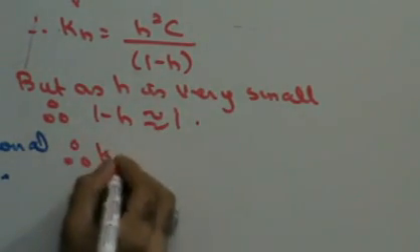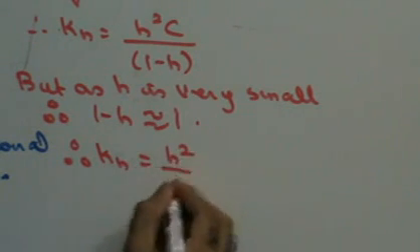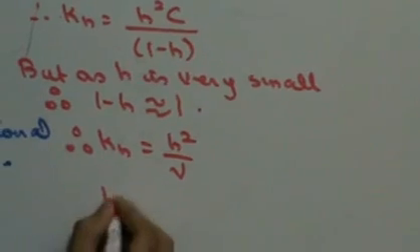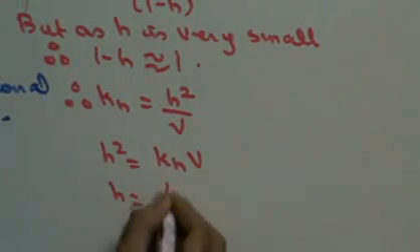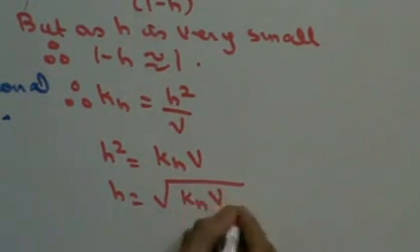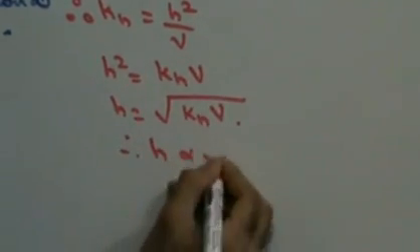Therefore I could say that KH is equal to H square upon V. H square is equal to KH into V. H is equal to square root of KH into V. Therefore H is directly proportional to square root of V.